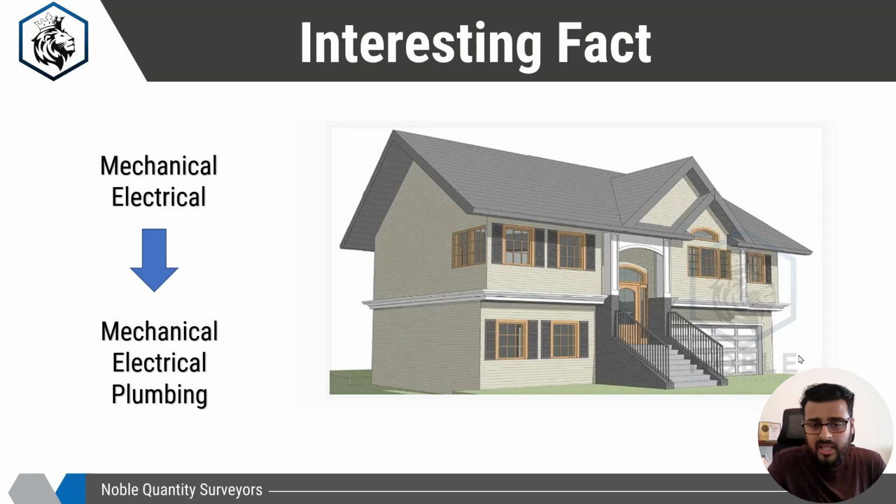It was only mechanical and electrical as a subcontractor, and plumbing was a part of civil construction works. But then it was adopted by ME and it became MEP, mechanical, electrical and plumbing.